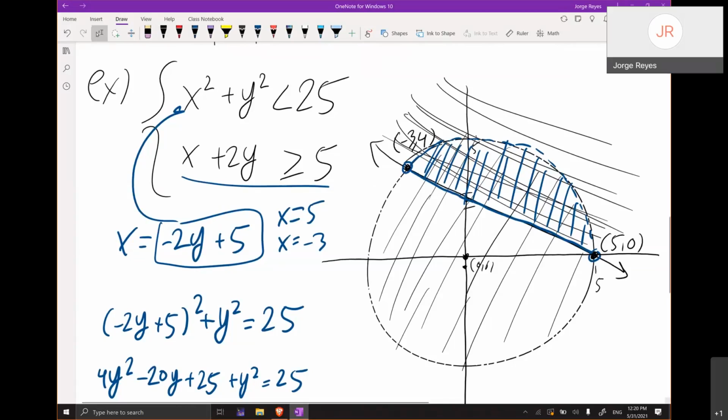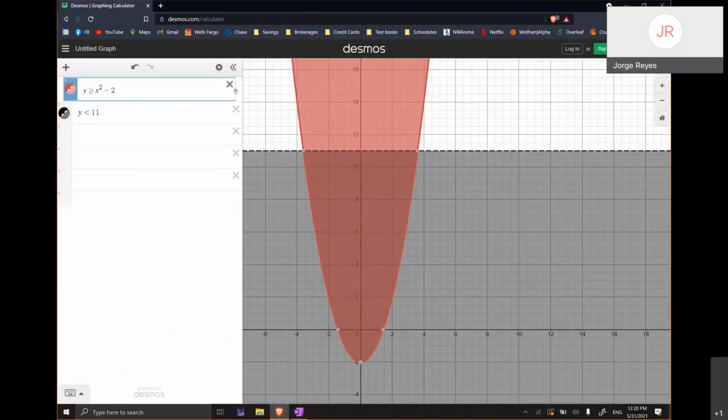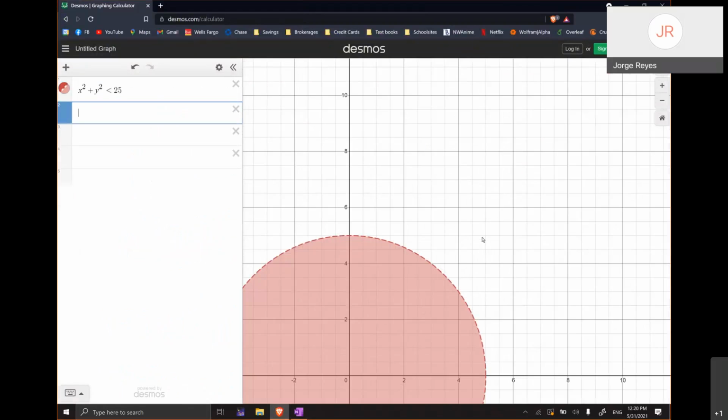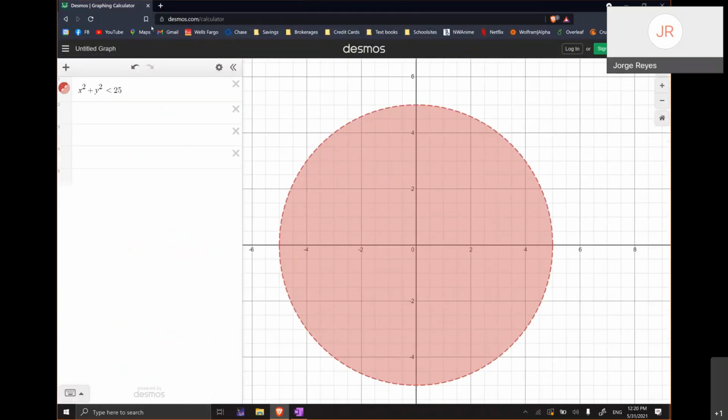And again, let's go to Desmos and plug it in. So x squared plus y squared less than 25. So we see, circle radius 5, like I said, with the dotted line. And again, if it's a less than, it's inside.